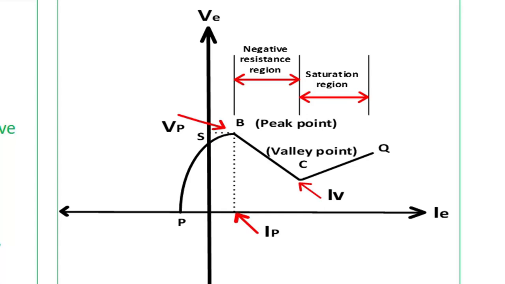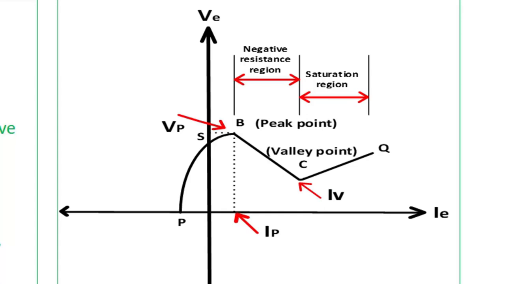But initially the emitter current is negative and it will come to 0 at point S. At this point, the movement of carriers in the opposite direction, or leakage current, is removed. So PS is the leakage current flowing through the transistor.